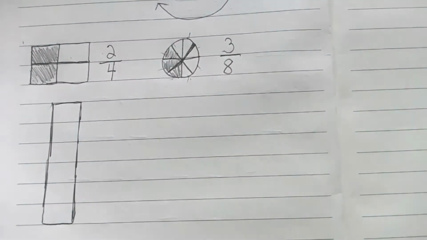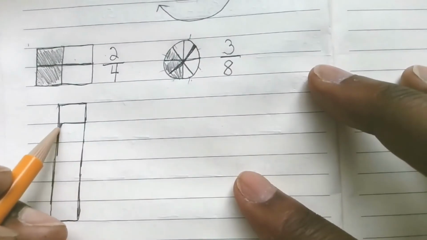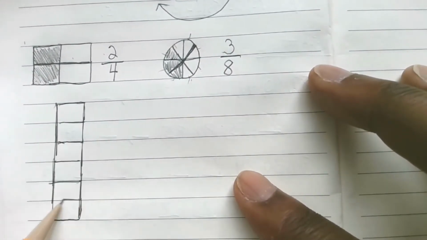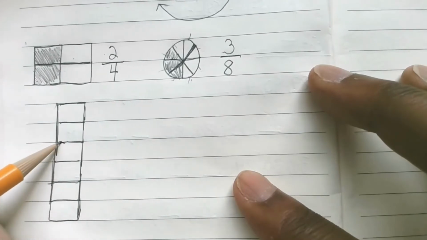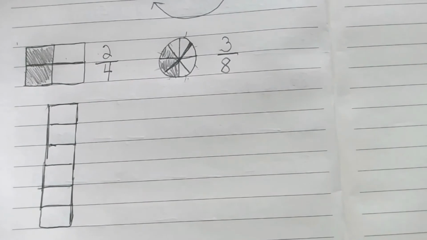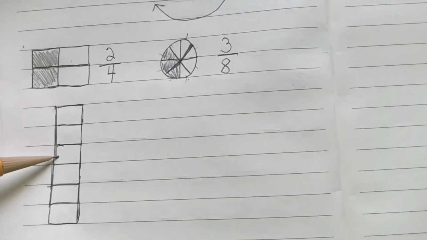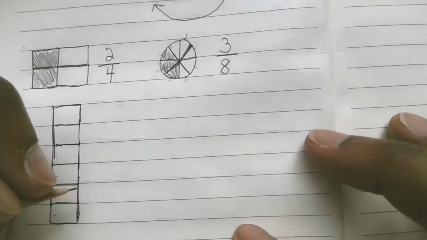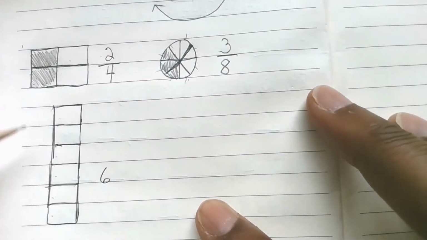Okay. Now, looking at this one, how many equal parts do I see? If you said 6, you are correct.